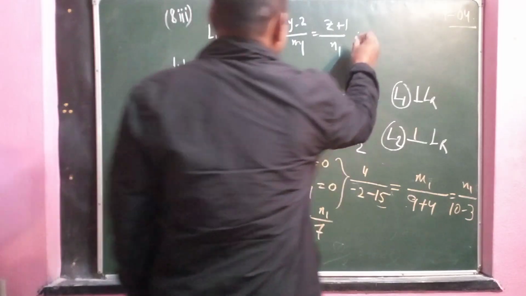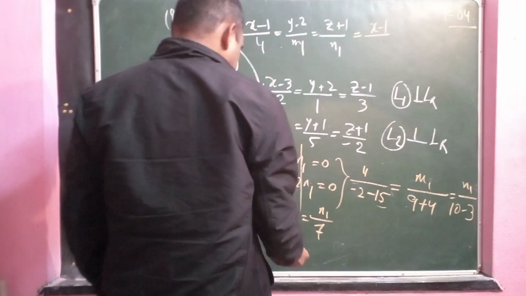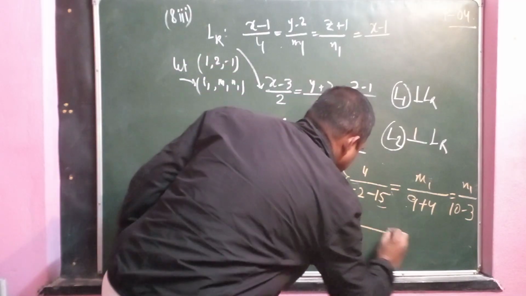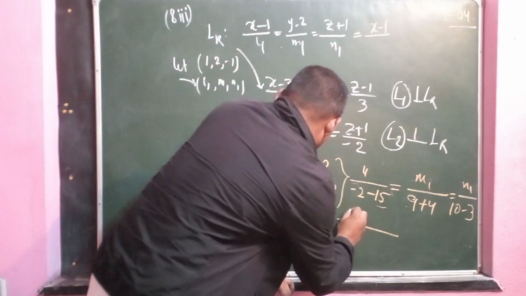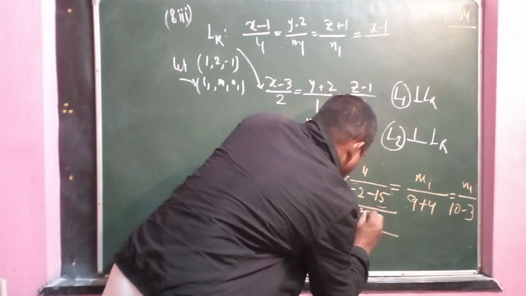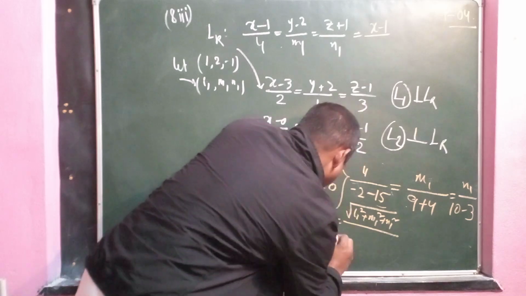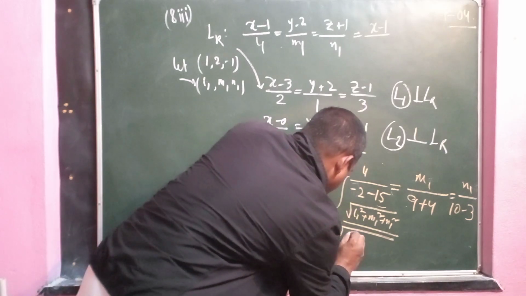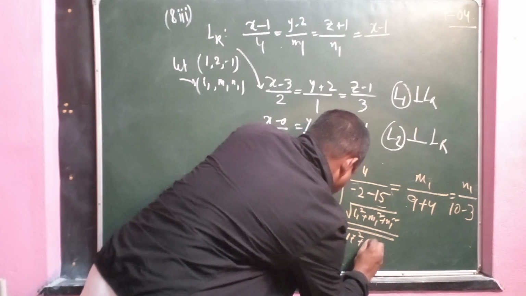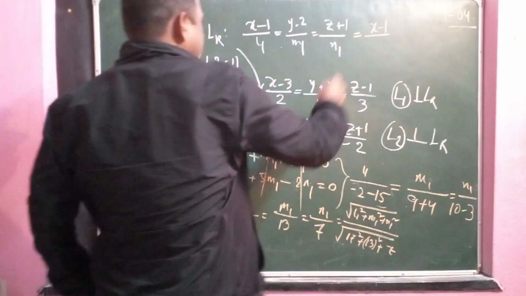So that means your required equation will be this, or even this. With the ratio proportional formula we can do this, and it will eventually divide.